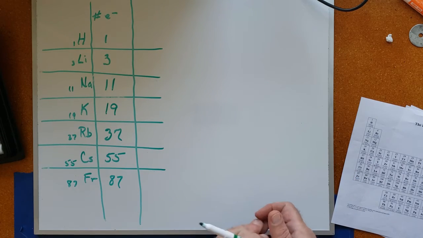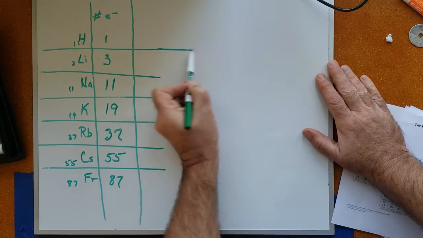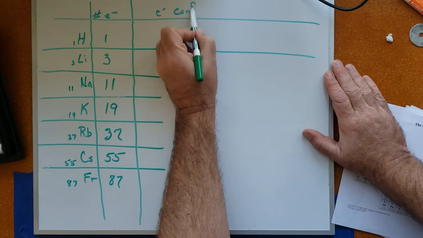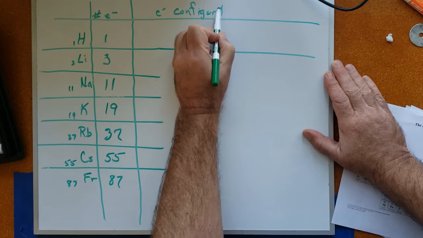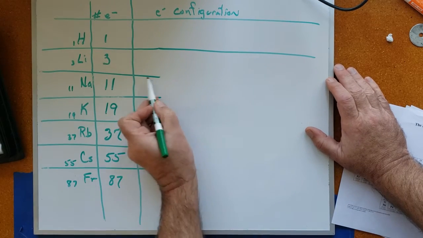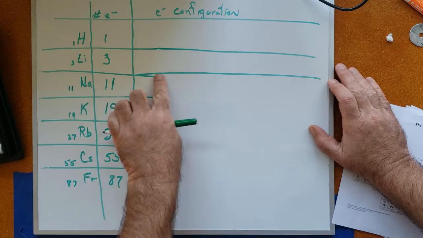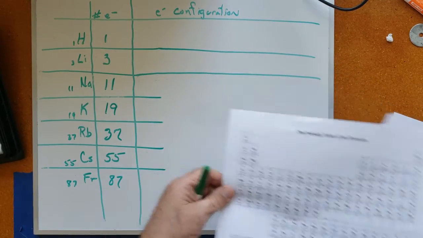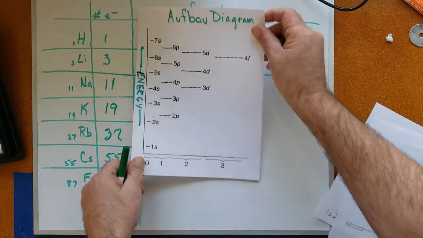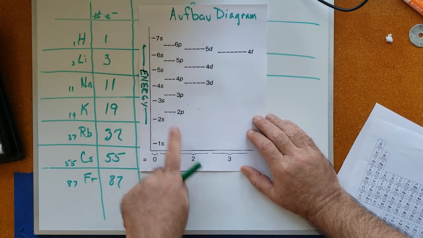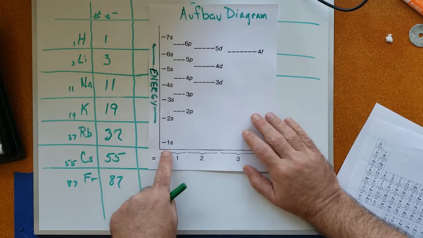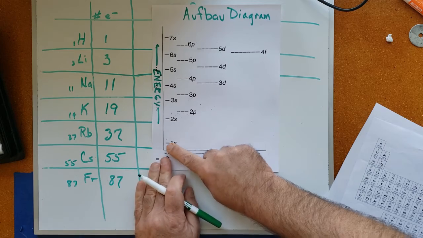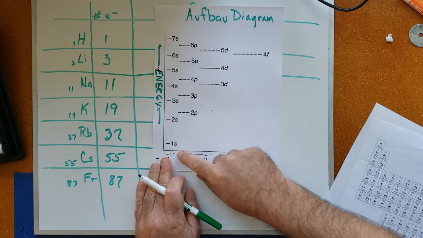Now what I want to do is draw the electron configuration for each of these. All right. Now the electron configuration we get by filling in an Aufbau diagram. For one electron like hydrogen, we would put a single arrow here representing the electron. We usually start with them pointing upwards, all right?